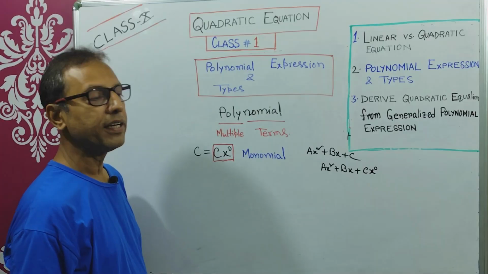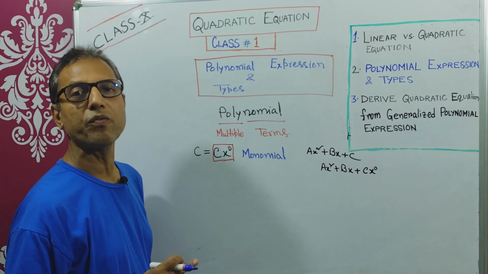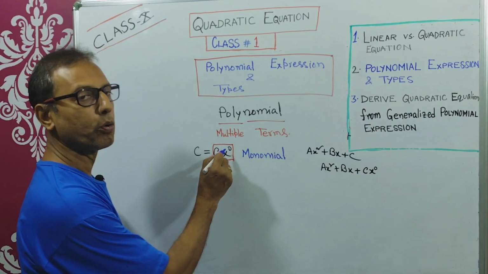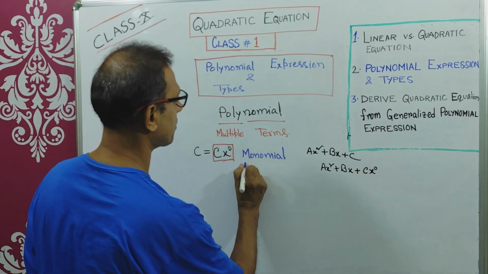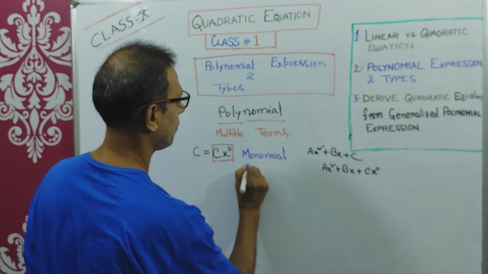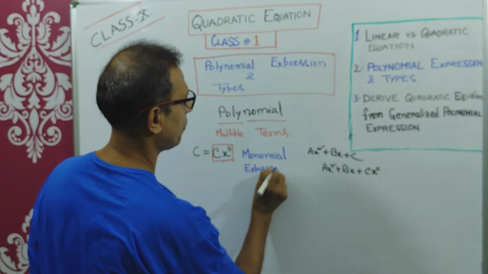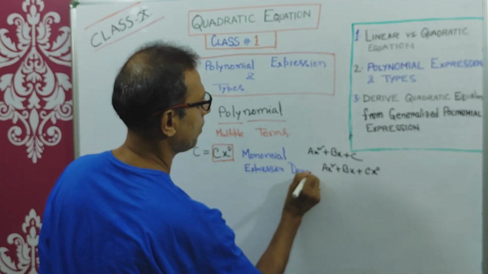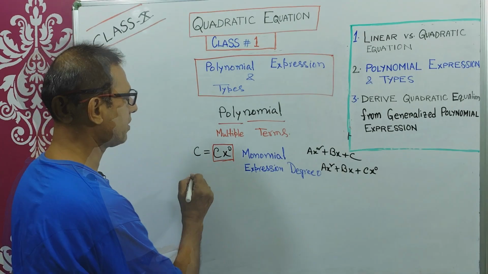What is the degree? Degree of equation or expression is the maximum power of the variable. Here the maximum power of the variable is 0. So it is a monomial expression with degree 0.